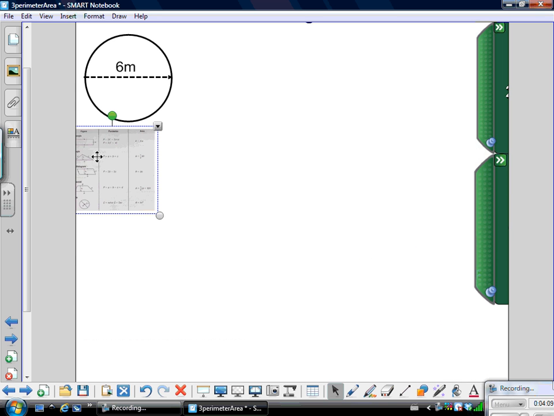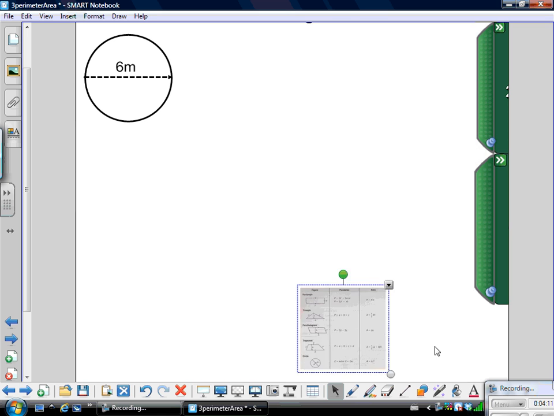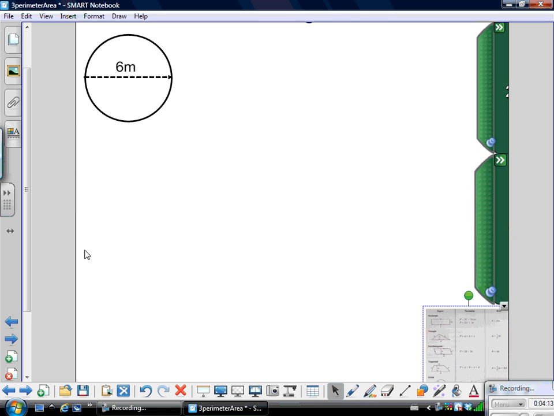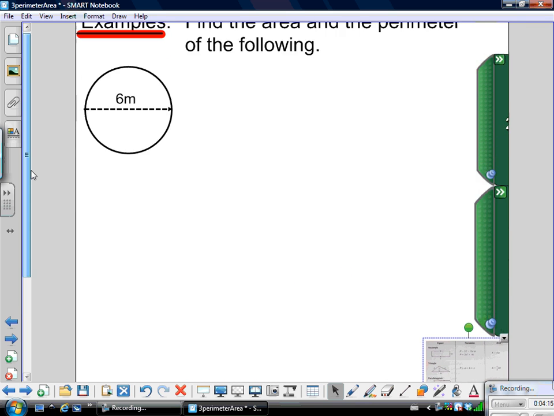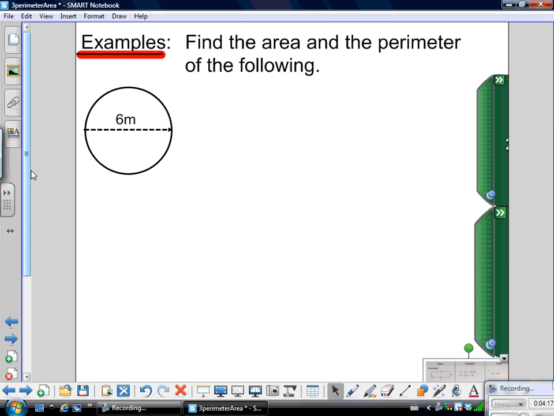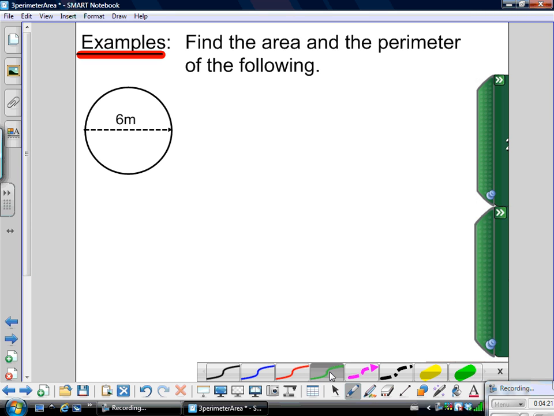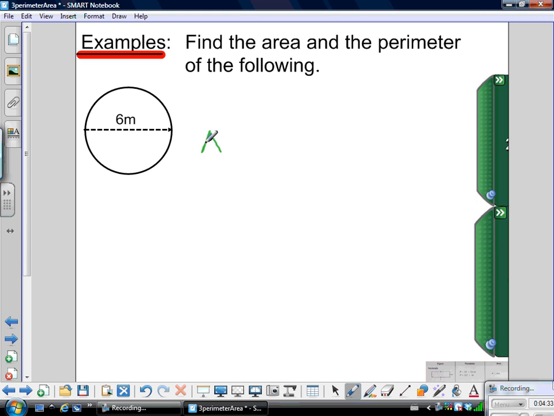The first thing I'm going to do is write down my formula. I'll do it in green. Let's start first with area. Area, according to the formula sheet, is pi r squared.